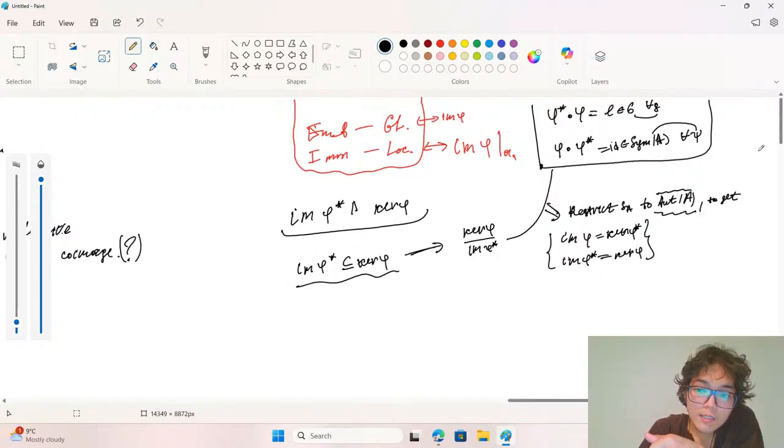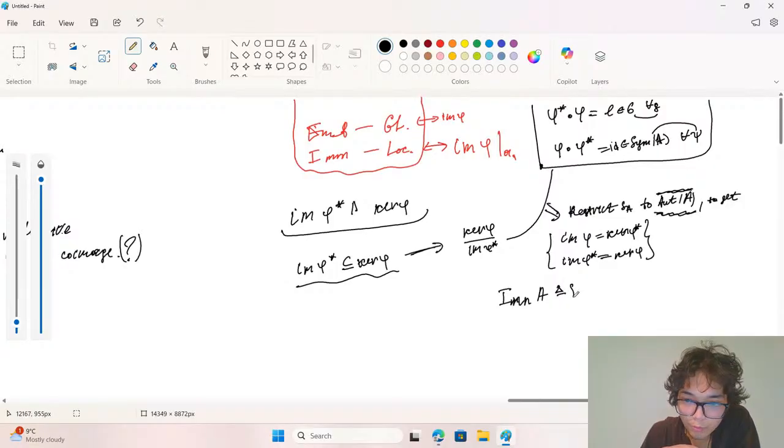It would be great to restrict symmetry to the automorphisms of A, because we already know that inner automorphisms form a normal subgroup of the automorphisms of a group, or set A, let's say set, though that's not right.